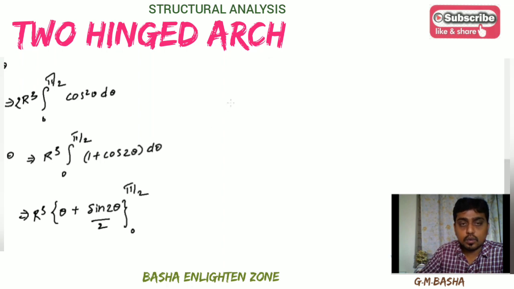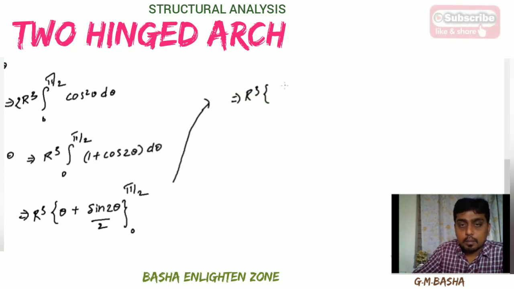So here I am showing that one. That one will be equal to r cube, applying theta means pi by 2 upper limit, plus sin 2 into pi by 2, you will get directly sin pi by 2.